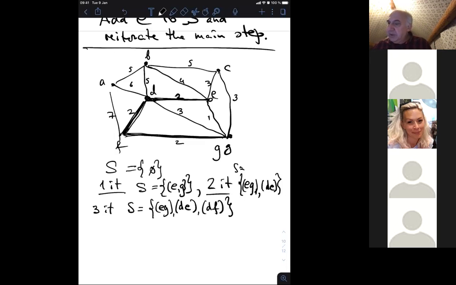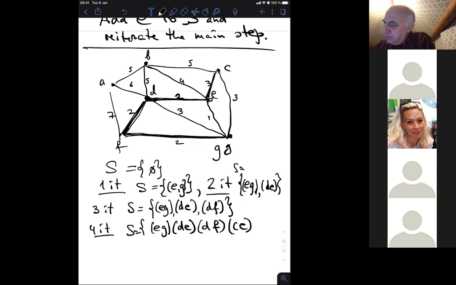So I don't have any edges of length 2 to add, but I have an edge of length 3, which is, say, CE, which I can add to this. So let's see what we have at this point. So the fourth iteration would be I'll be adding EG, DE, DF, and CE. Maybe I should draw pictures of what happens here.